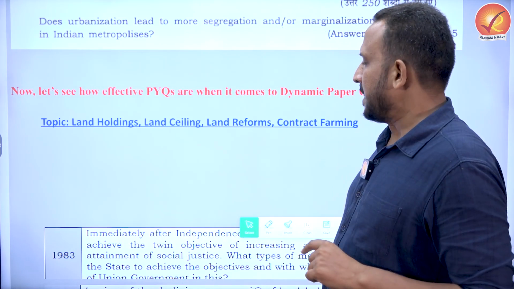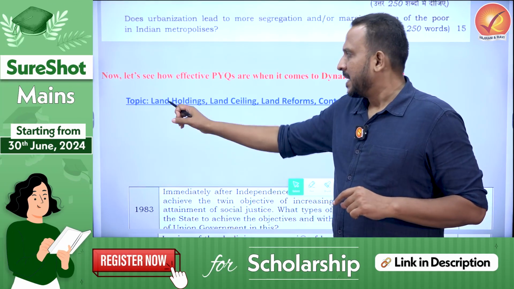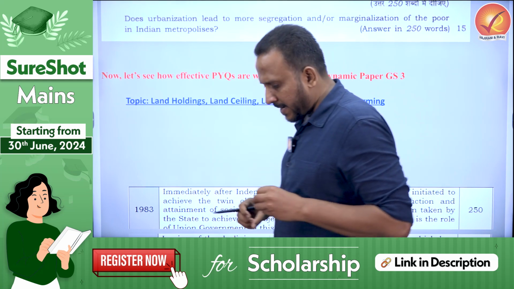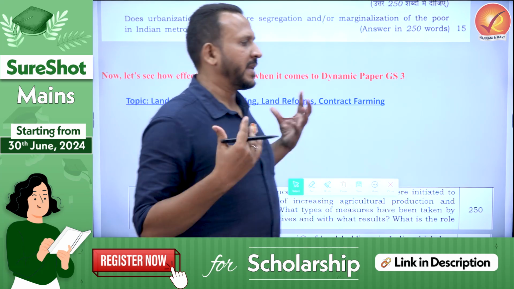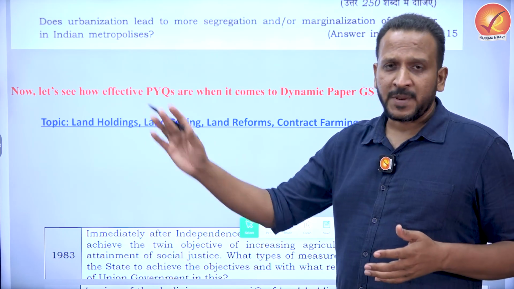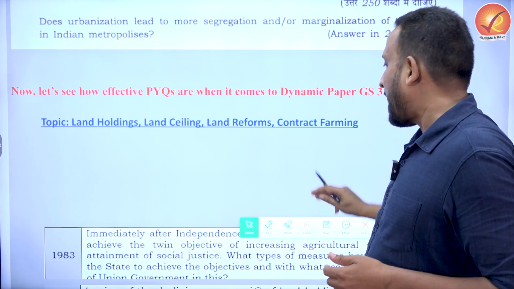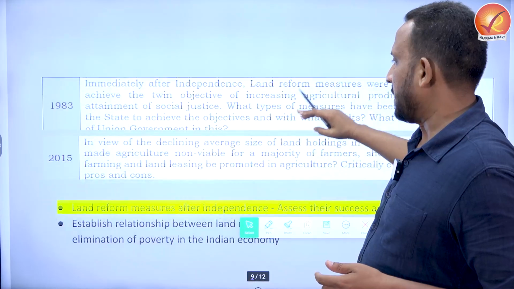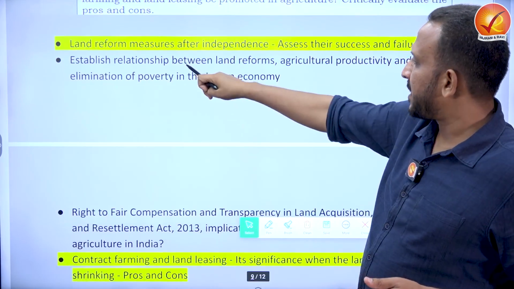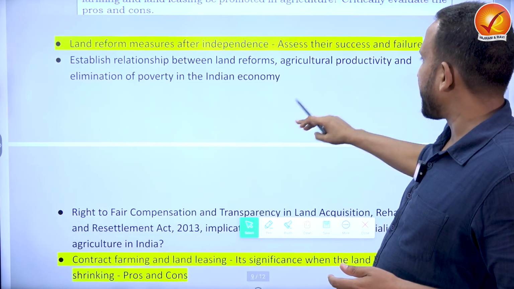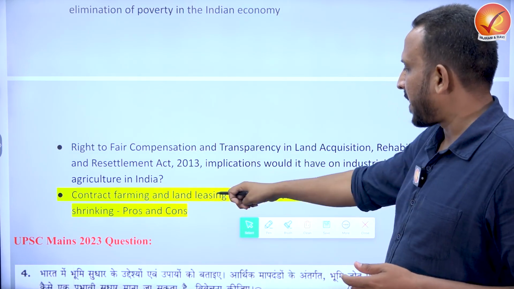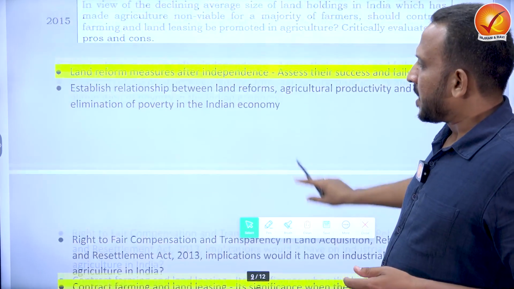This is the question topic in GS paper 3: land holding, land ceiling, land reform and contract farming. It is a part of agriculture economy. Now, after going through the previous year's questions of these topics, I have found these themes. See, land reform measures, relationship between land reforms and agriculture productivity, right to fair compensation, contract farming and land leasing, right?